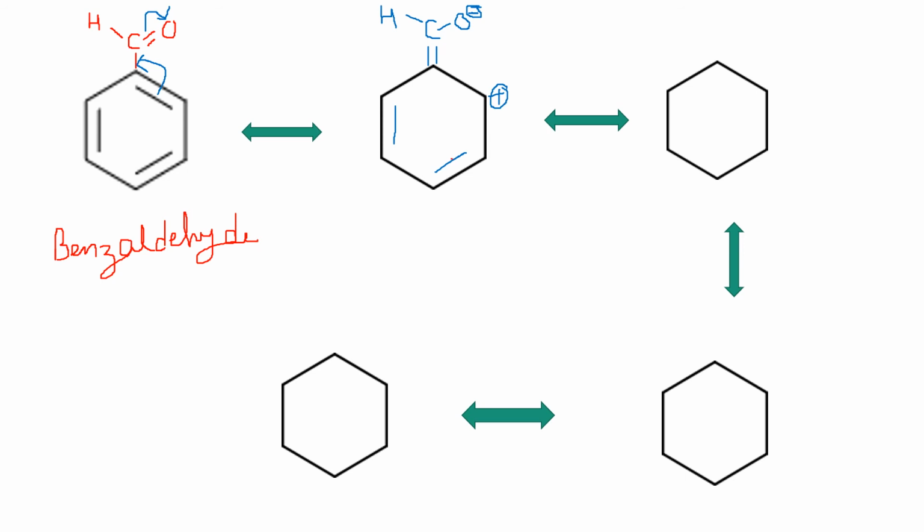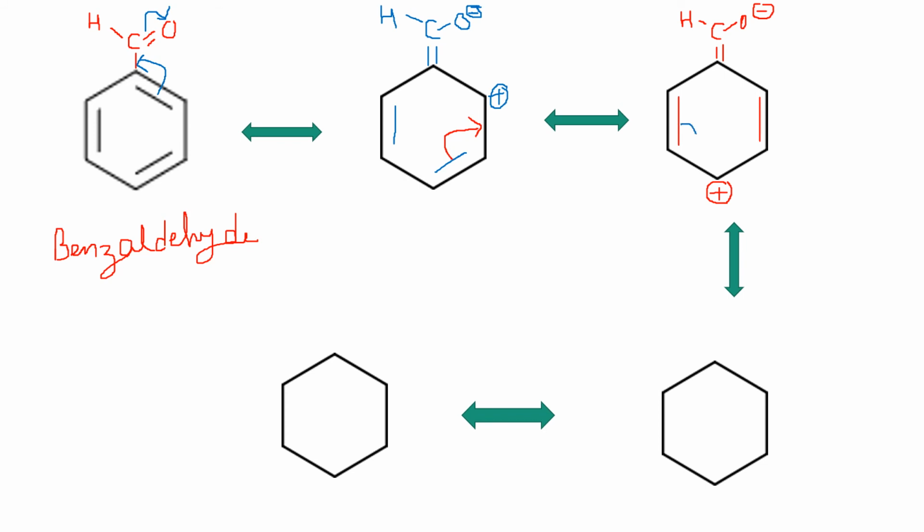Next, electrons will drift this side because pi electrons are available and the adjacent carbon has electron deficiency. So this will be as it is. CHO with a negative charge, and you have this double bond as it is. This double bond has come, and this carbon, which is the para position to CHO, is developing a positive charge.